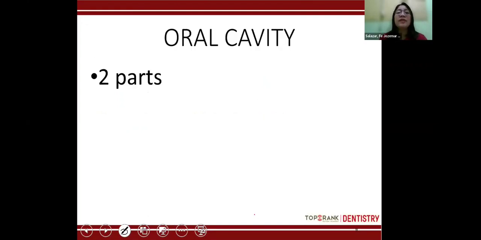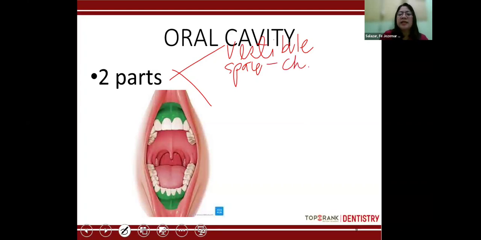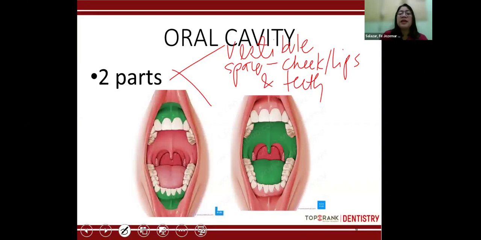Okay, now the oral cavity has two parts. What are the two parts of the oral cavity? You have the vestibule. How do you define the vestibule? It is a space, right, between your cheeks or the lips and your teeth. Okay, that's your vestibule. And the other part of the oral cavity is the oral cavity proper.